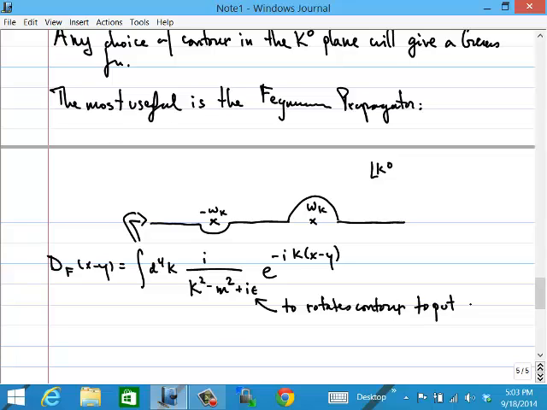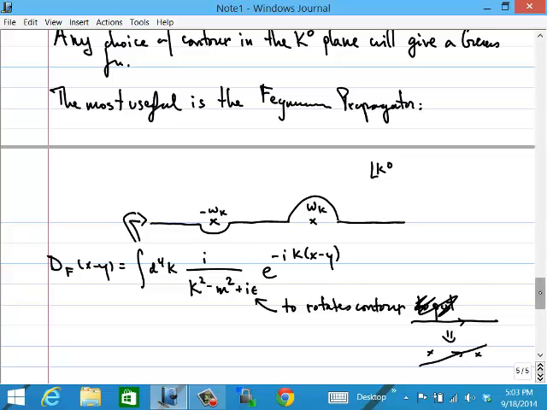It takes a straight contour like that, and it turns it into one that's rotated up slightly, so that you go below that first pole and above that second pole. So that's the definition of the Feynman propagator.